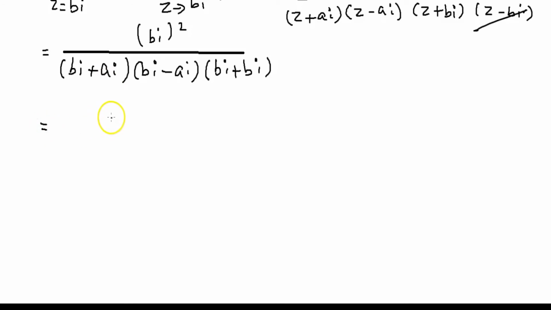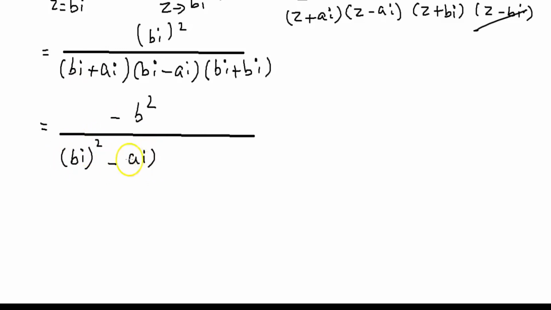Bi the whole square is equal to minus b square divided by bi plus ai into bi minus ai, which is equal to bi the whole square minus ai the whole square, and bi plus bi is 2ib.